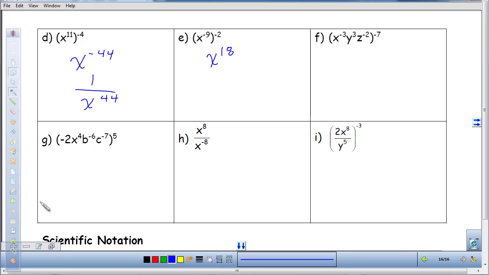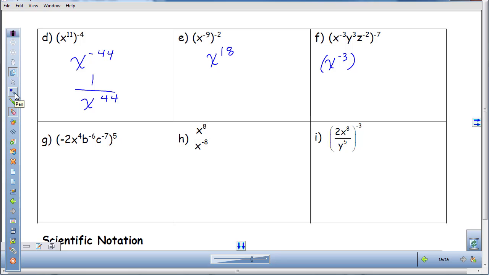Okay. In F, we've got all of these factors raised to a power. A couple of ways we can do this. What do you think we should do? Okay, all right, so just go on the way that I'm going. That's fine.